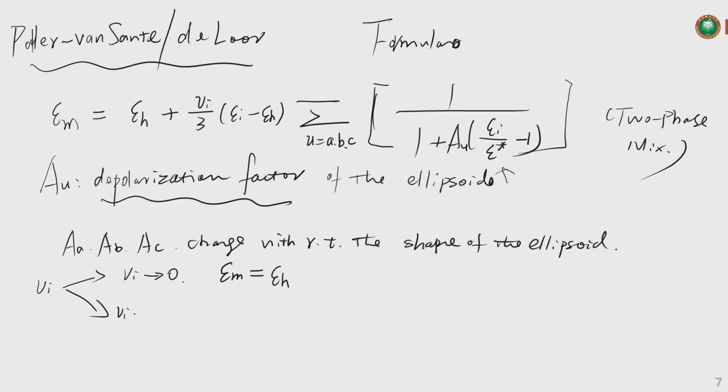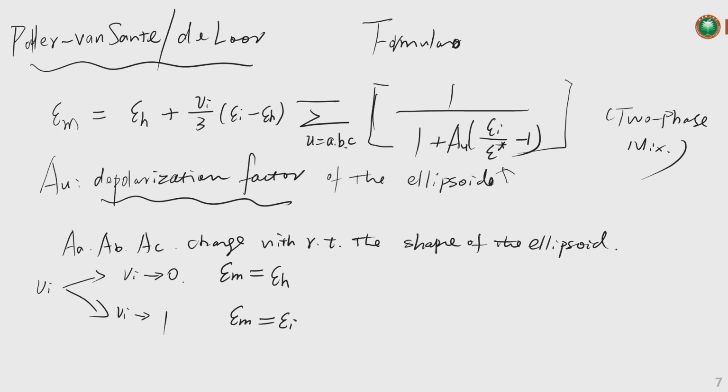When VI reaches 1, the mixture tends to be the inclusion material, all right? All the unit volume is filled by the inclusion material.